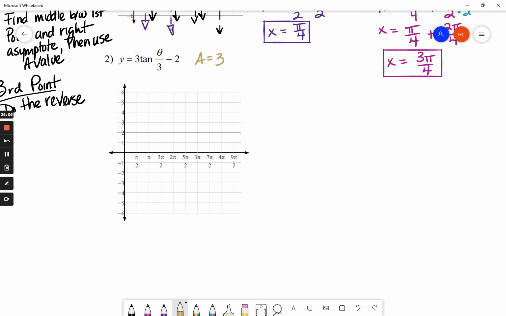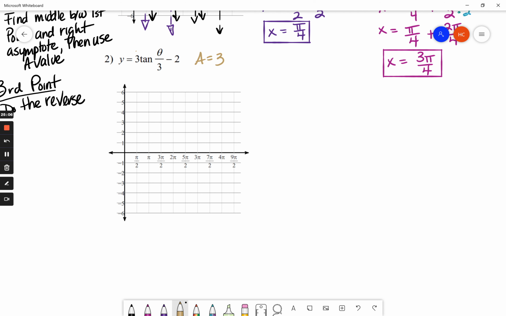So now I have 2 of the 5 things that I need. And now what do I do? Well, backtracking again, it says over here that when I'm looking for my first point, I need to locate the middle of both asymptotes and use the C value. So the middle of both my asymptotes is right here. And my C value is a -2, which means that I'm going to have to count 2 units down.